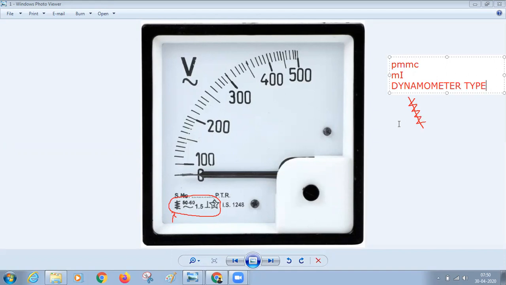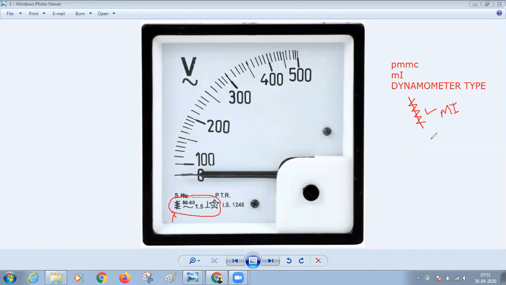When you see this type of symbol, that meter is said to be a moving iron instrument.